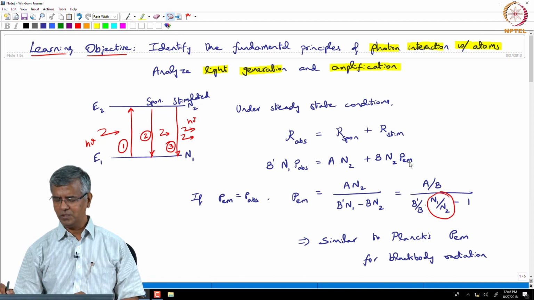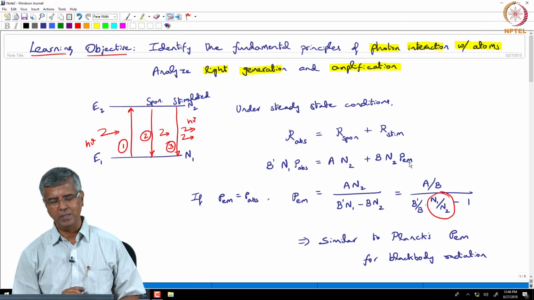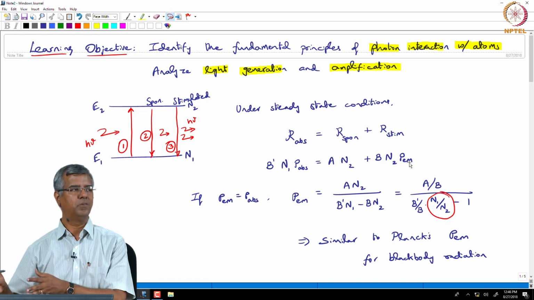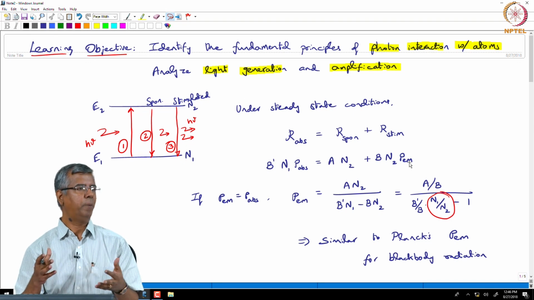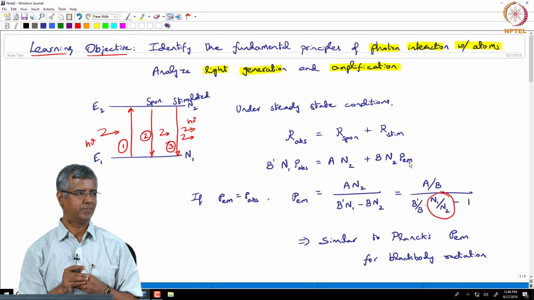If rho em, the probability density of emission, is high, then stimulated emission would be the dominant mechanism, which is what you may want when you are amplifying something, or building a laser.